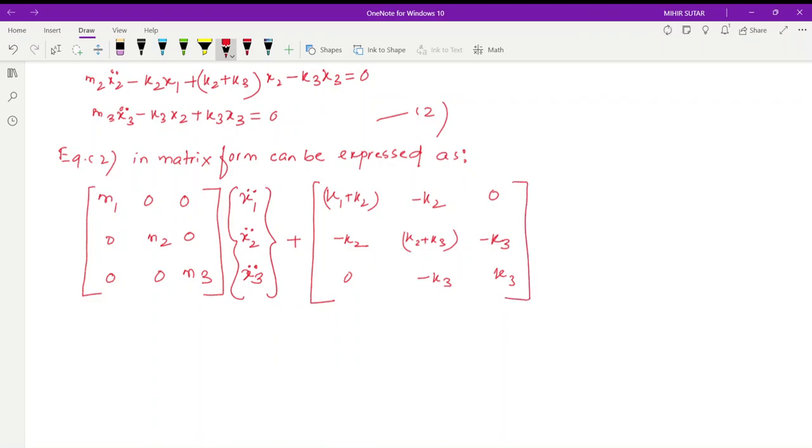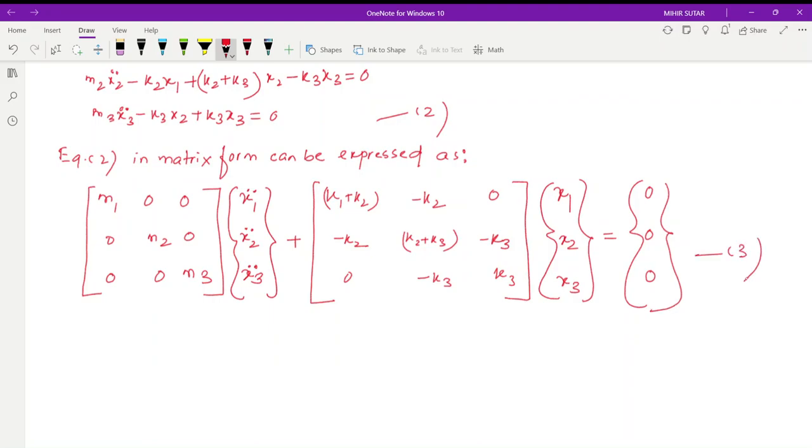This is the stiffness matrix. Then we have the x1, x2, x3 column matrix equal to 0 0 0. Let us say this is equation 3.